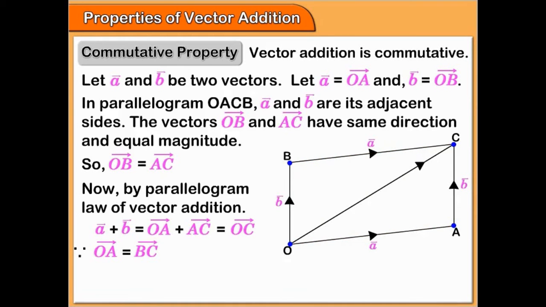Now, by parallelogram law of vector addition, vector B plus vector A is equal to vector OB plus vector BC, which is equal to vector OC. Thus, vector A plus vector B is equal to vector B plus vector A.